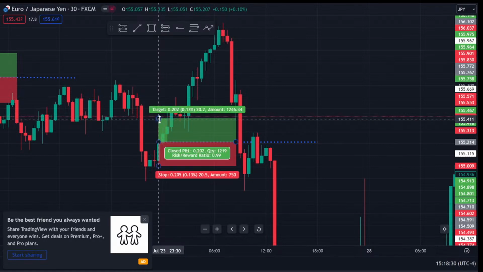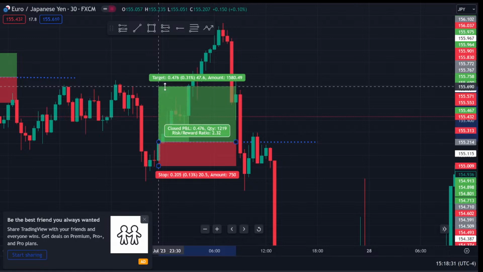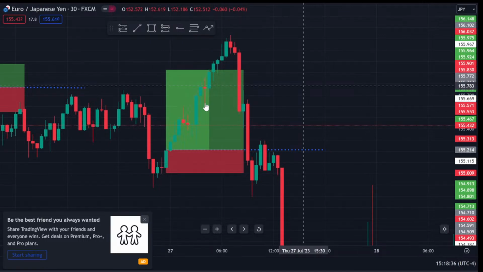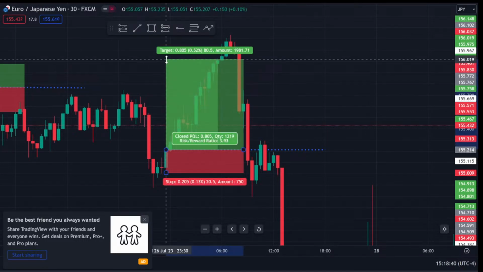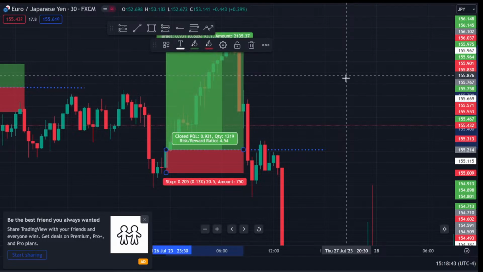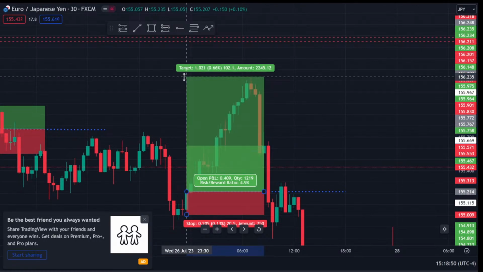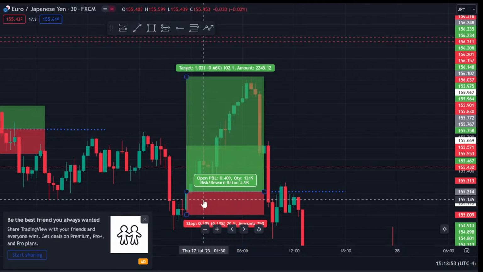Came back, then tapped into the zone, and just like that, we had our entry. And then it moved for the full day. It moved 90. How many? Let's see. 90. This 100 pips above. So this setup got us 100 pips above.